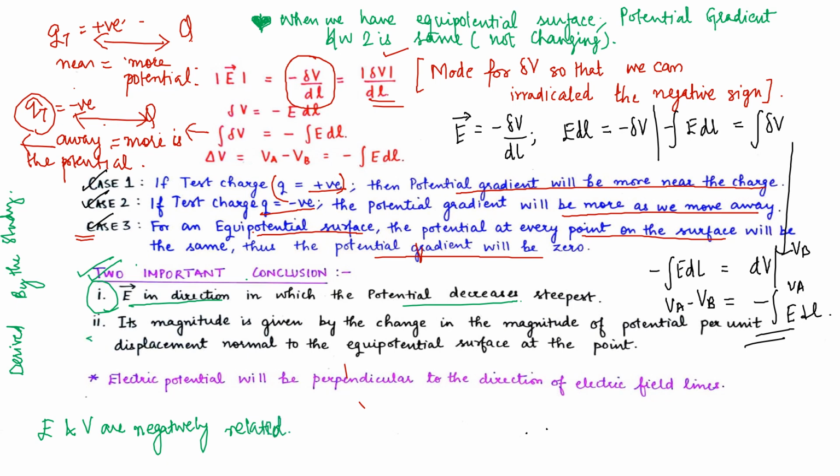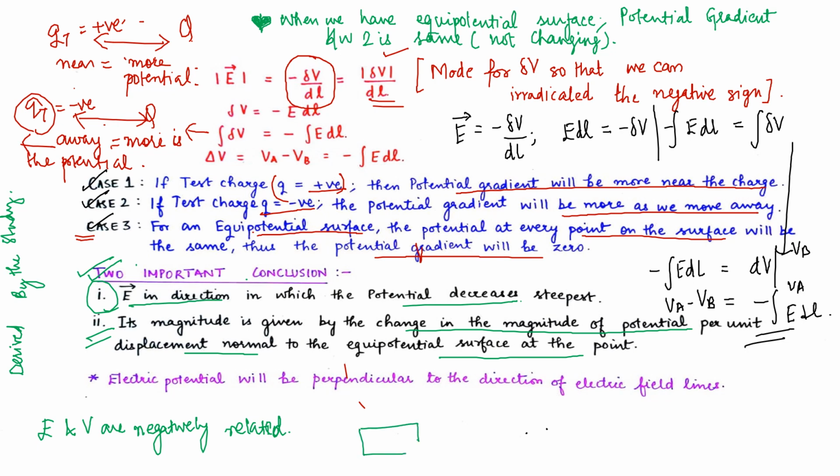Now the second conclusion states that its magnitude is given by the change in the magnitude of potential per unit displacement normal to the equipotential surface at the point. Now the magnitude of this electric field is taken as the magnitude of potential change per unit displacement.